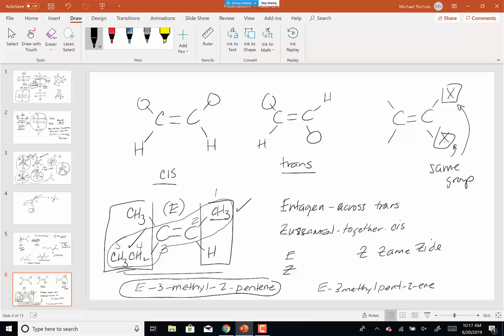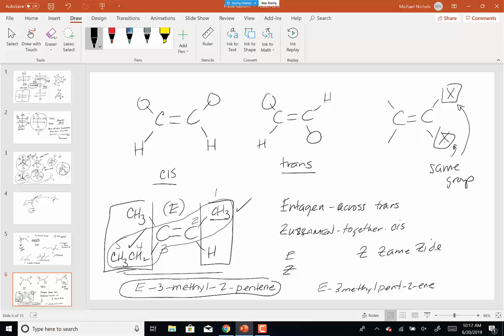So cis or trans is still allowed to be used, but it can only be used if each carbon has a hydrogen. Once you have 3 non-hydrogen groups, you can't use cis or trans anymore. Can you use E or Z instead of cis or trans?